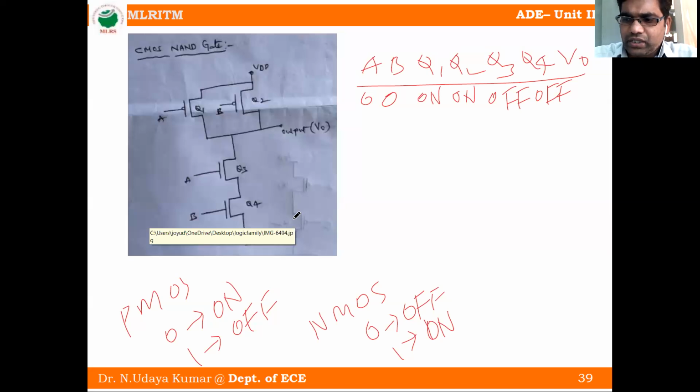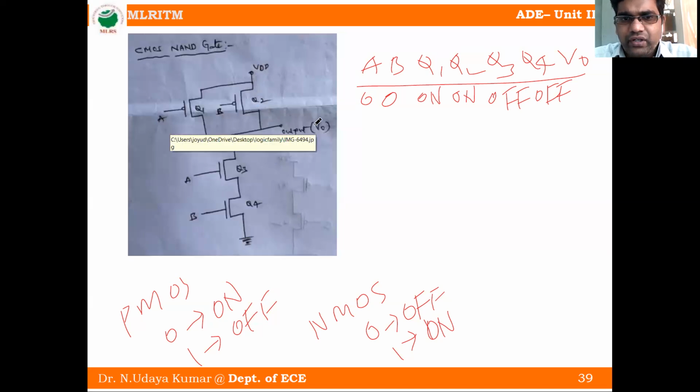That means VDD is directly connected to V0, so we will get VDD, which we take as logic 1.